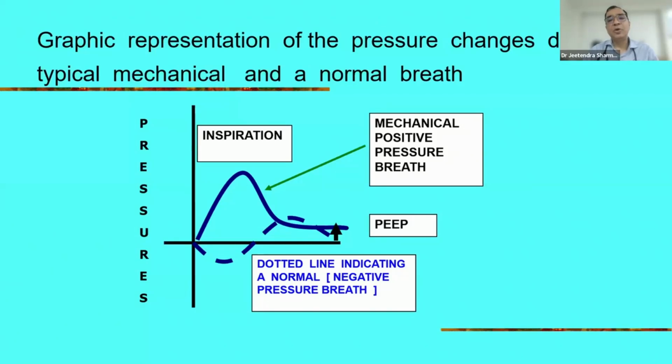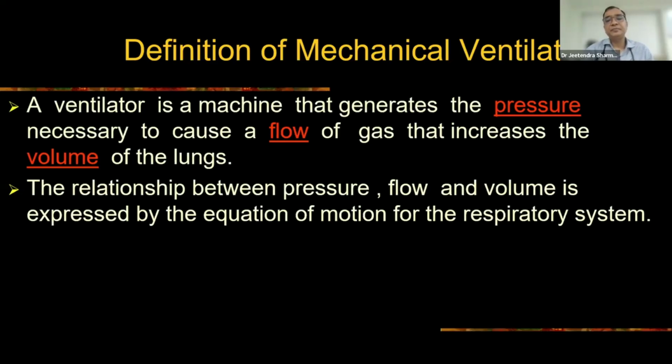Whereas in a spontaneously breathing patient, the initial part is negative pressure inspiration. When we take a breath, negative pressure is created and eventually comes back to normal. So from normal to minus and again normal, whereas in positive pressure, from some positive to more positive and back to positive.